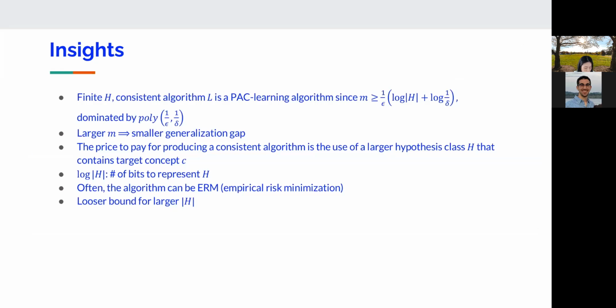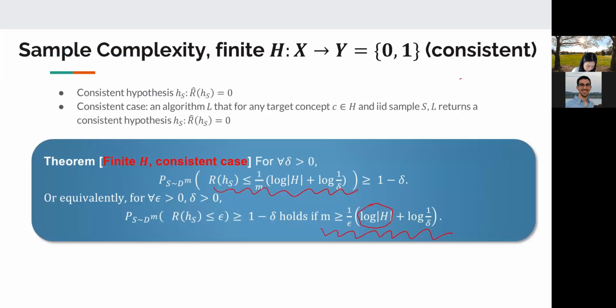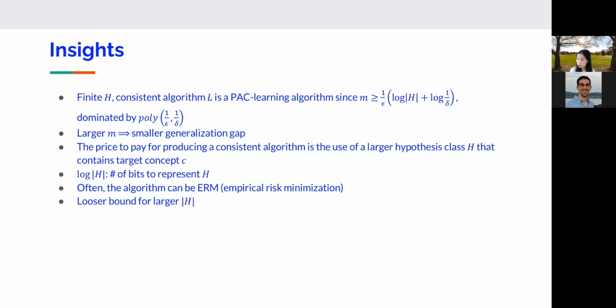The logarithm of cardinality of H is the number of bits to represent H. That is an easy argument. Often the algorithm can be ERM, empirical risk minimization, because if you have a consistent algorithm, that algorithm will get a zero error, and your ERM is basically trying to achieve this zero error.